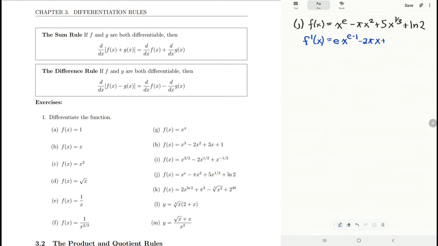Then we have plus 5 times 1/3. We multiply the 1/3 in front, and then we subtract 1 from the exponent. So 1/3 minus 1 is negative 2/3.